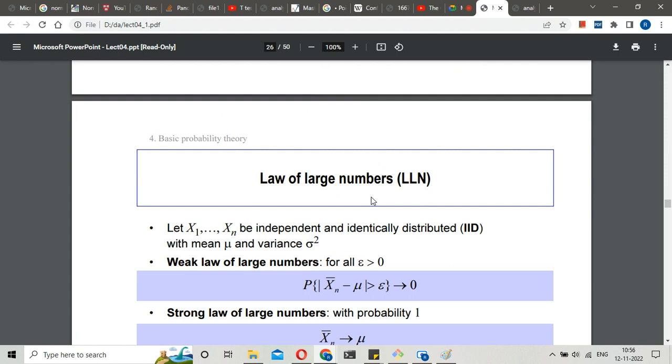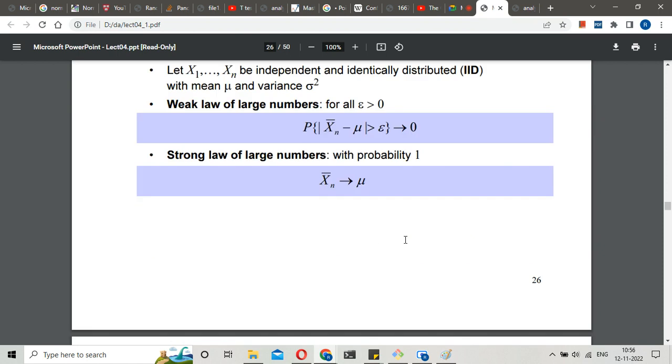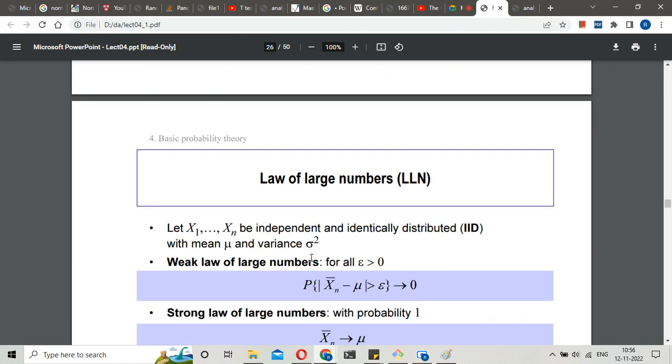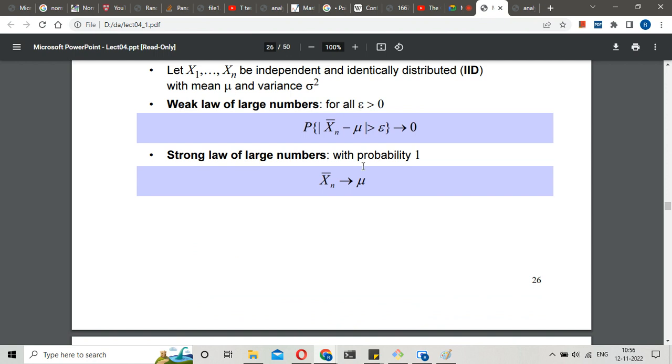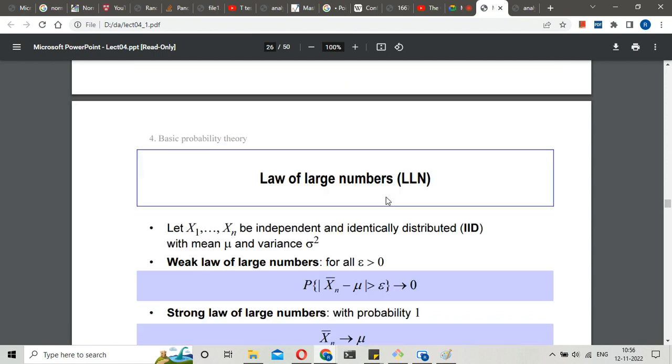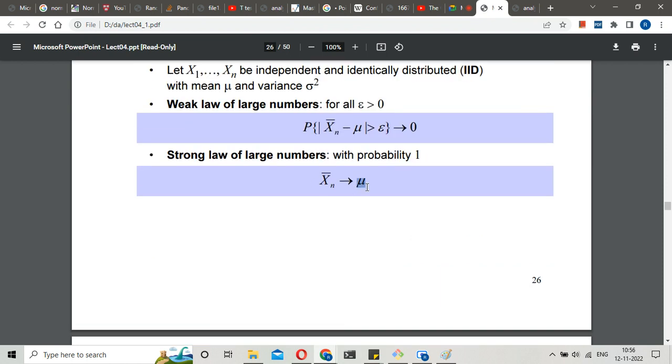Now the law of large numbers: with probability 1, as n grows very large, what we conclude with this theorem is that as n grows to infinity, the mean of these will be exactly mu.